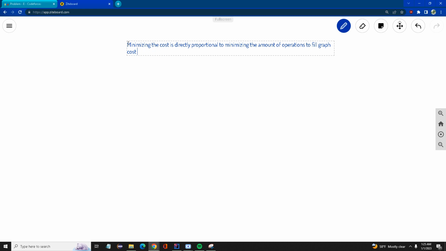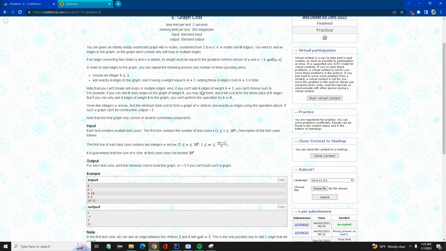So in essence, the cost equals operations. Basically, to minimize cost equals minimize operations.